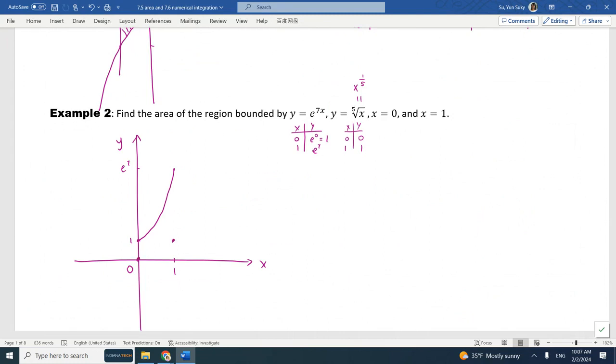At 1 it's 1. And do you remember like square root or cube root? The shape is like that, right? Yes, curved down a little bit. So when we draw the picture, we know it curves like this. Okay, so we sketch the picture. And then it says find the area of the region bounded by those two curves, and x equals 0 and x equals 1. So we're looking for this region.